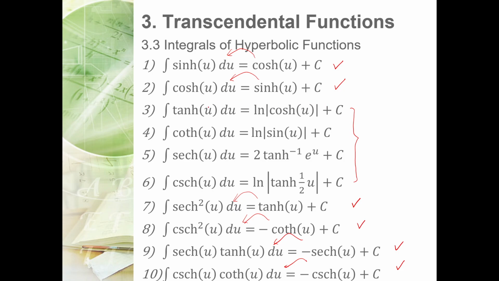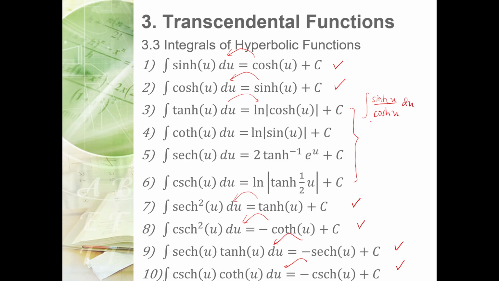So for example, your hyperbolic tangent is this one. The answer is this one, ln of hyperbolic cosine. It's because we have broken it down into its components like this one, and then we use the u-substitution technique.